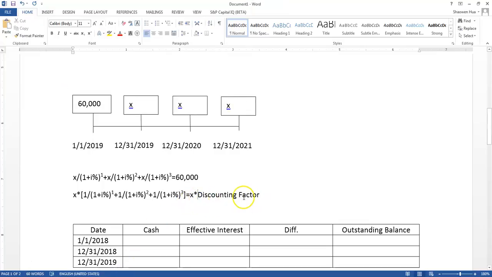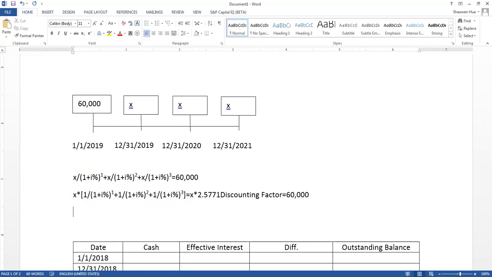So X multiplied by 2.5771. X multiplied by the discounting factor should equal my present value. As a result, X is equal to 60,000 divided by the discounting factor 2.5771.